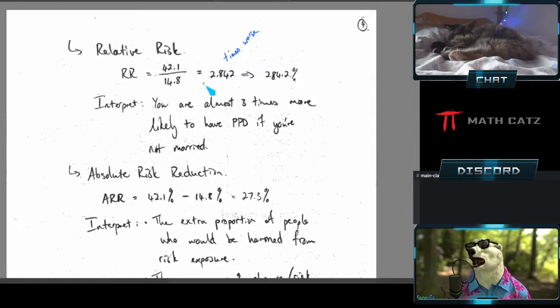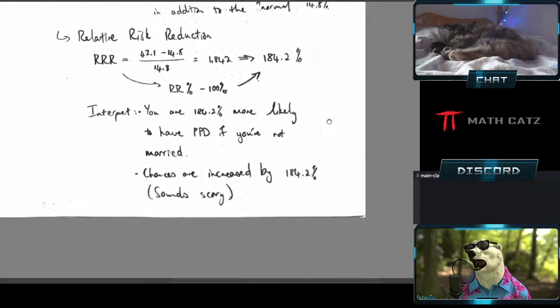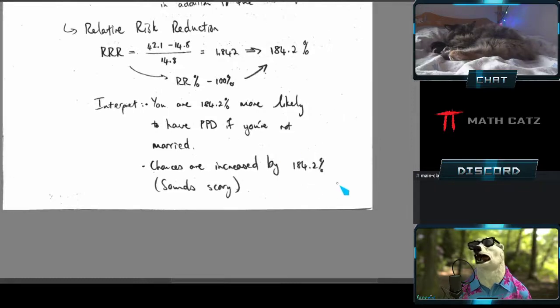Or if I say your chances are almost three times more, some people that sounds scary. But to the casual or somewhat casual reader, the impression that you get from reading you're three times more likely to have postpartum depression if you're unmarried, versus your chances of having postpartum depression is increased by 184% if you're not married.